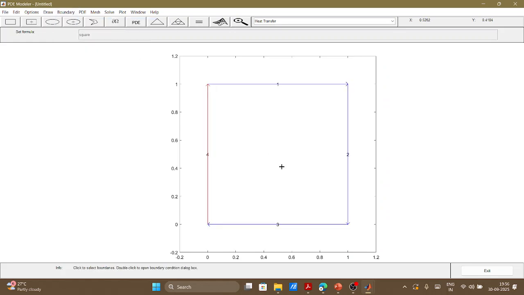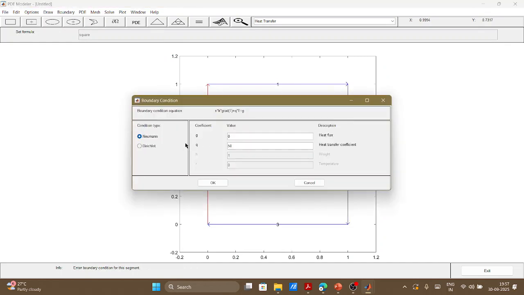Boundary mode. Gradient of T with respect to the normal. So T minus T0 by dt is equal to 1.